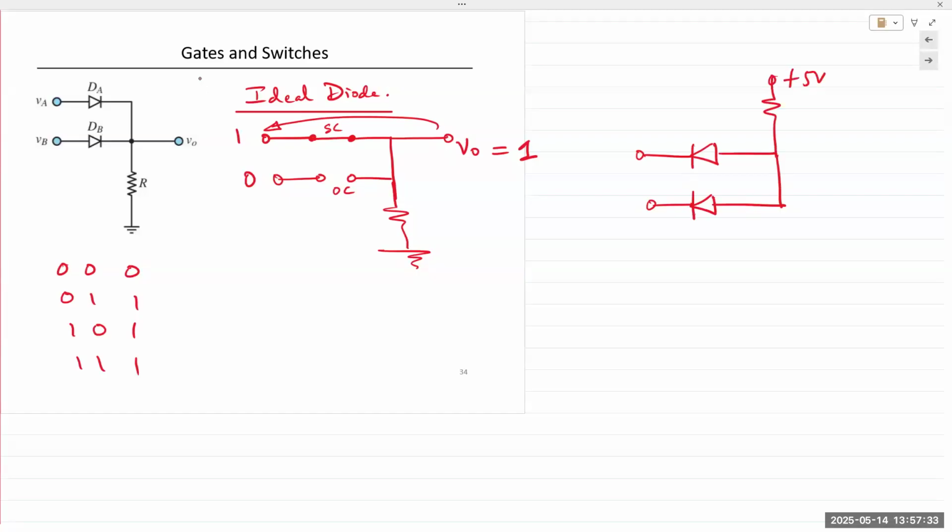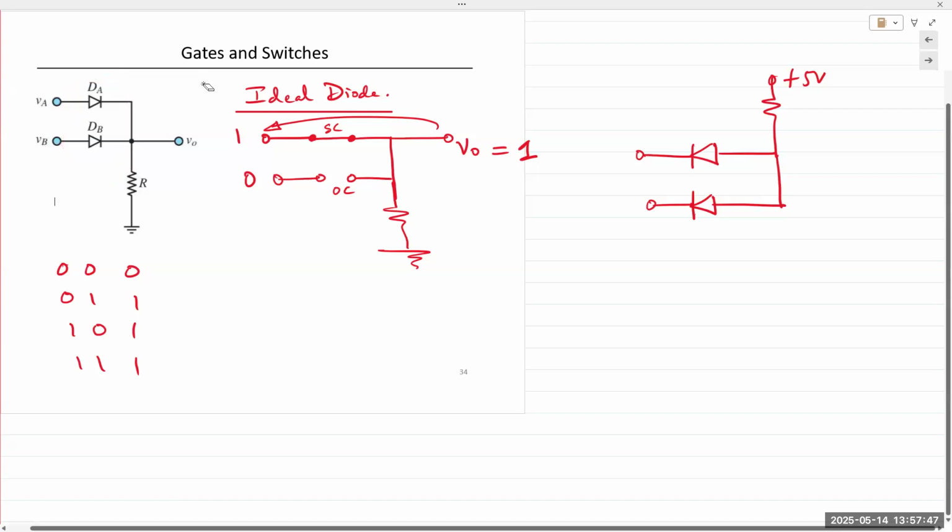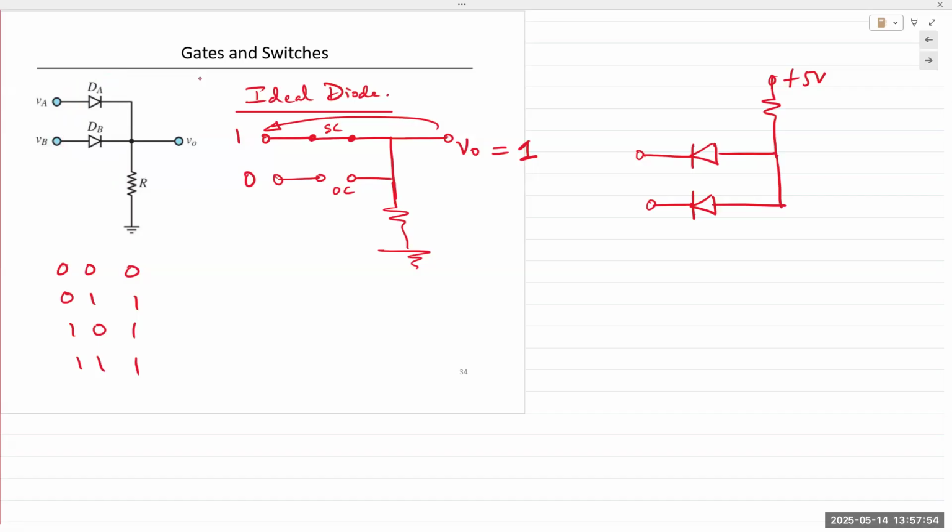No, just the resistor. Oh, that's right. On this one. Brain fart moment. I'm sorry. You are right. I'm wrong. We had a pull-up resistor and we flipped the diode. But what if we don't flip the diode? What kind of gate do we get?